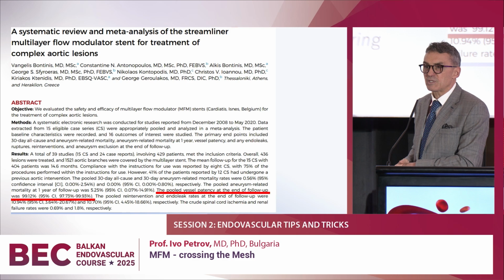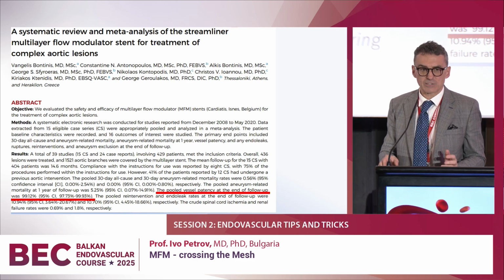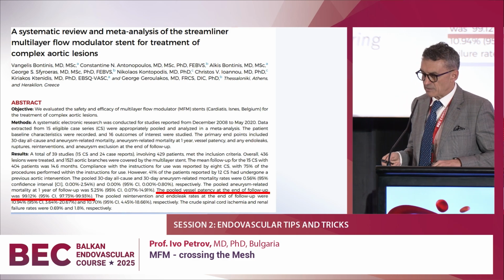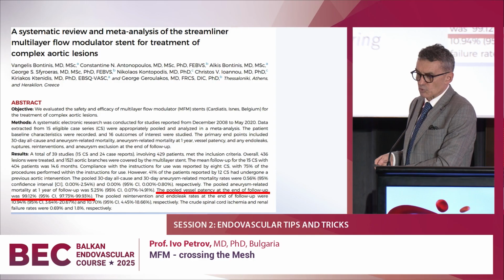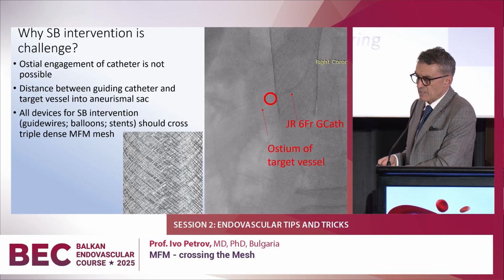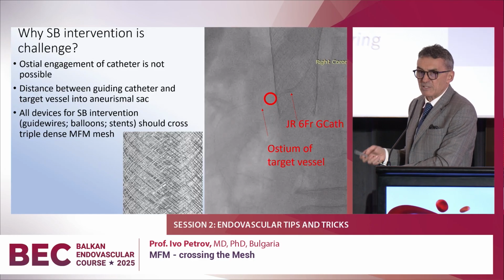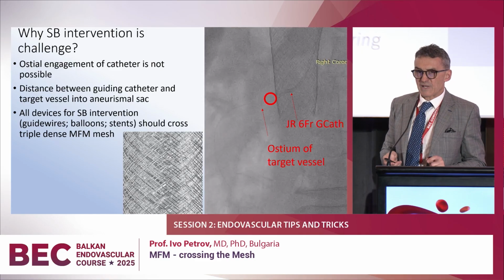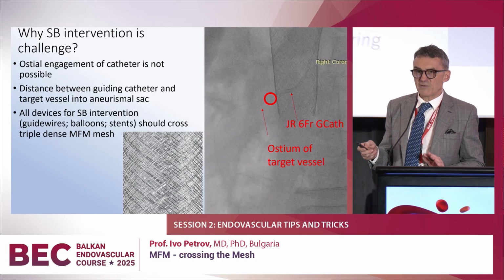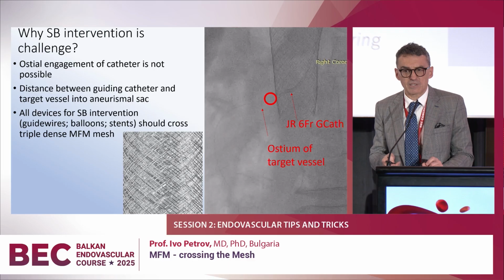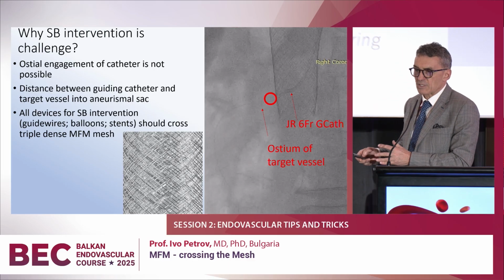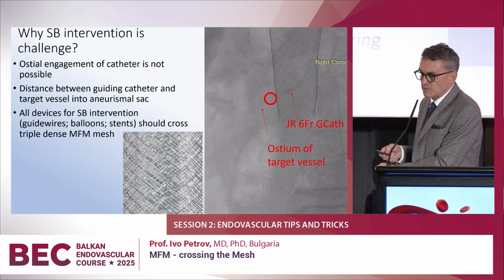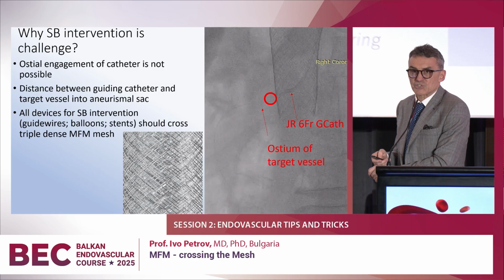But what if there is atherosclerotic disease? This is the problem. This more than 95% patency is really true. But in fact, there are between 5 and 6% of patients that have advanced atherosclerotic disease, and in this situation, it will be a challenge.